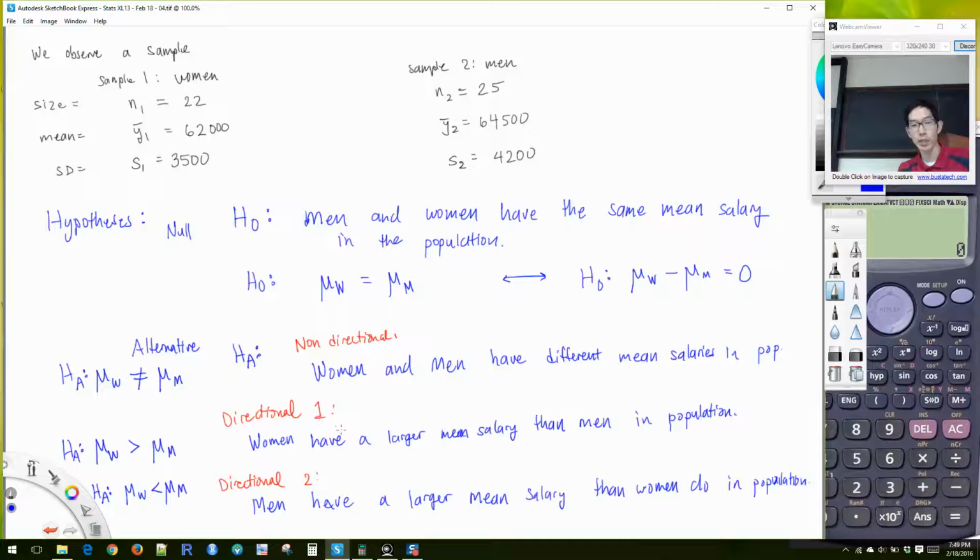Because if we had picked directional alternative 1, our data just does not support this alternative, right? Our data currently shows that even in our small sample, we are seeing a mean salary that is less for women than it is for men, okay? And so this directional alternative is not supported by our data, okay? And so this is called the check for directionality. I call it kind of just a common sense check.